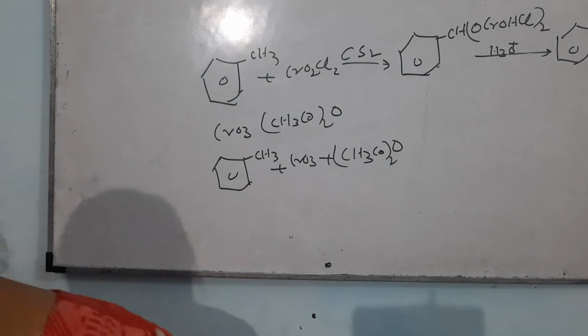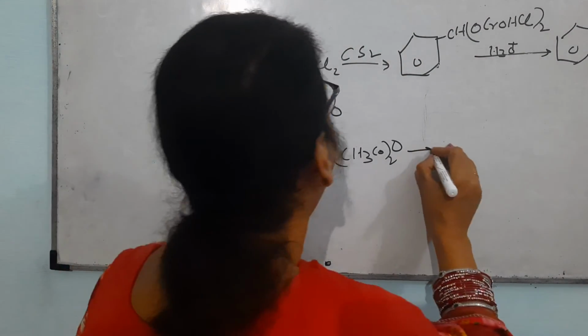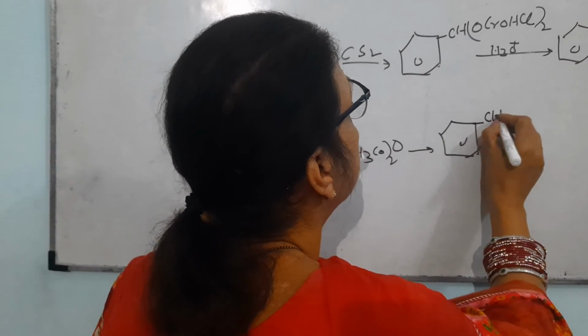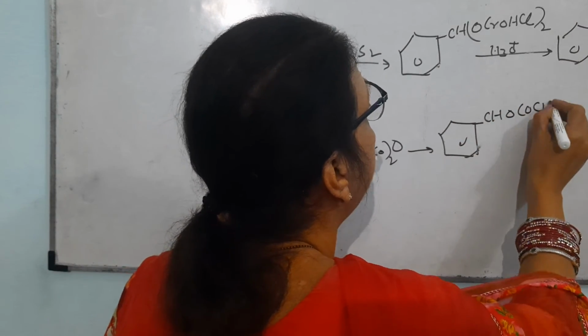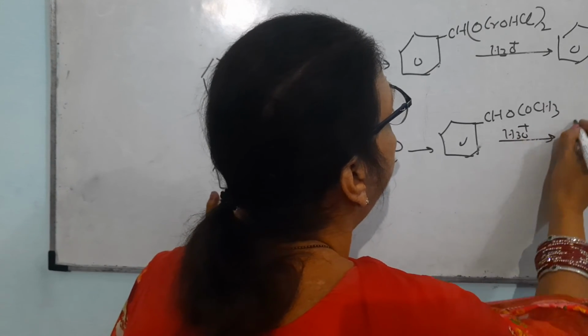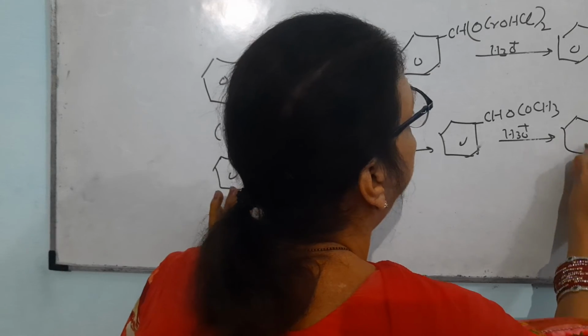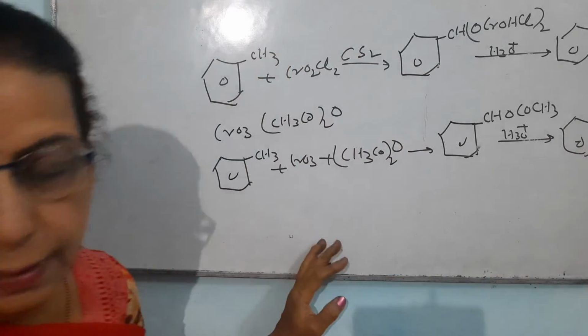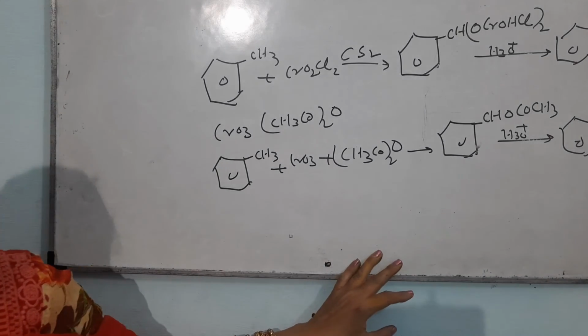That will be an unstable compound, C6H5CH(OCOCH3)2, which after hydrolysis will be converted in the form of benzaldehyde.